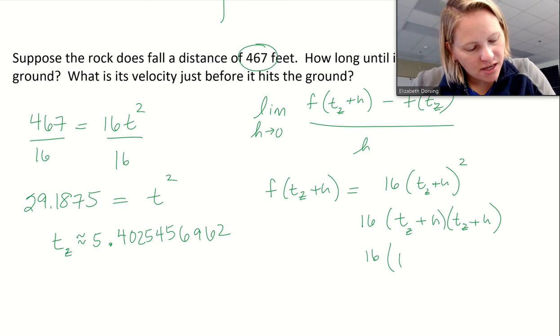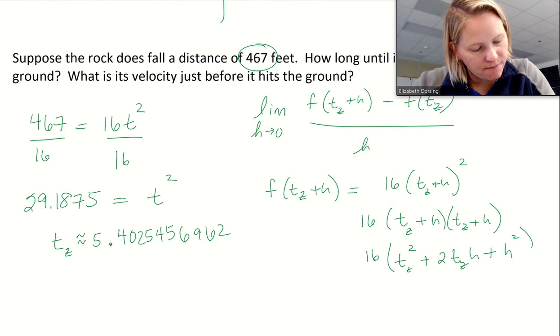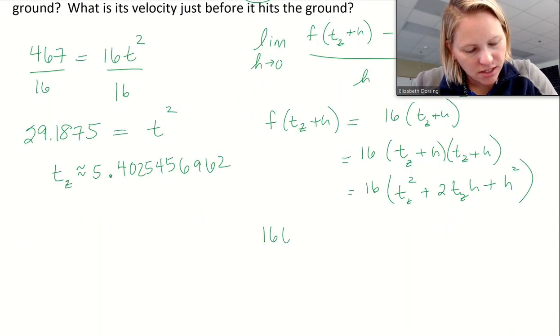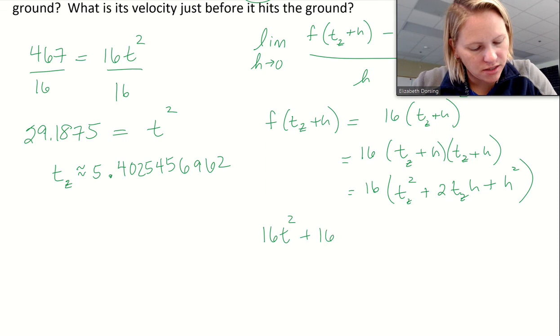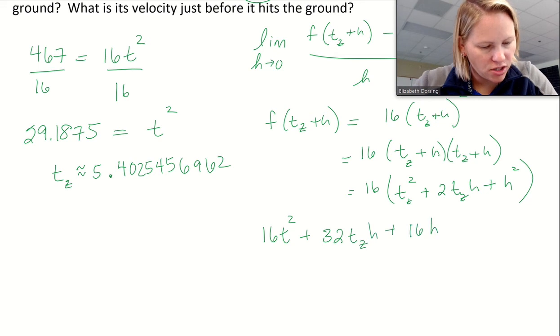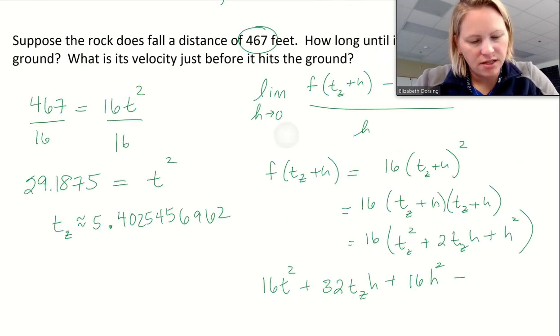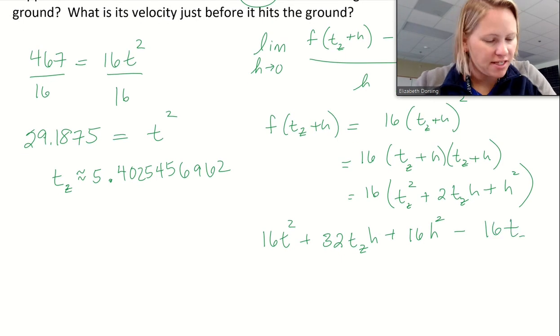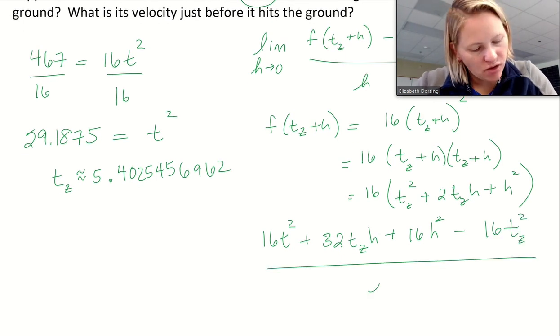So I get 16 times tz squared plus 2 tzh plus h squared. When I distribute my 16 all the way through, I'll get 16tz squared plus 32 tzh plus 16h squared, minus f of tz, which is just 16 times tz squared, all over h.